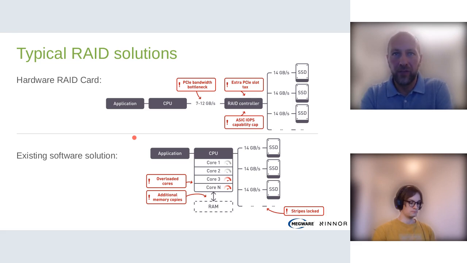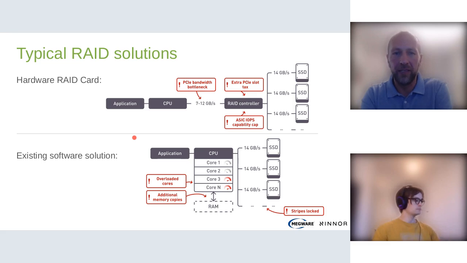So the alternative is to use a software RAID, and the obvious choice in a Linux environment is to use MD-RAID. The problem with MD-RAID is the way it creates a lock between the stripe and the core on the CPU.